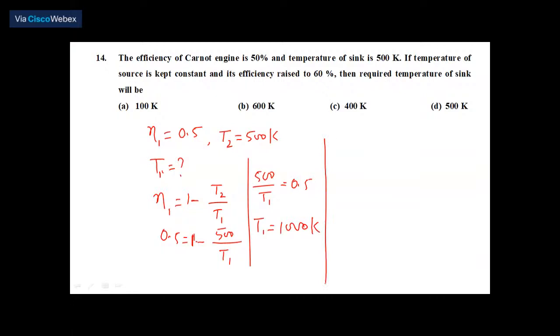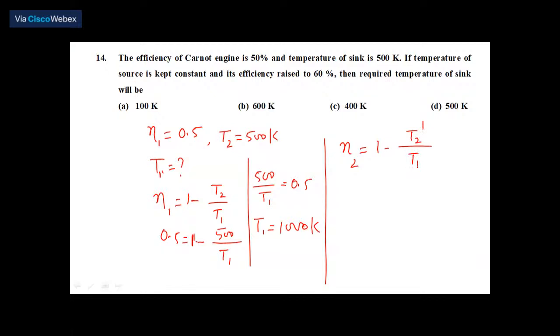Temperature of the source is known to you. Now we have to increase the efficiency to 60% without changing the temperature of source. Temperature of sink must be calculated. Now the new expression is written as eta2 is equal to 1 minus T2 dash divided by T1 itself.